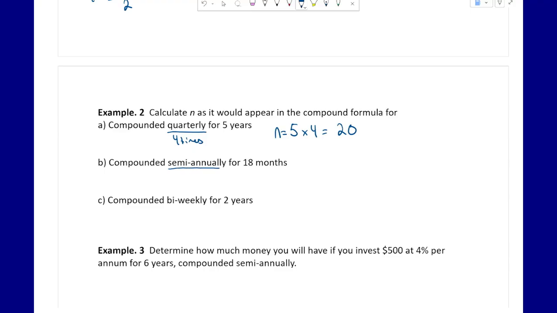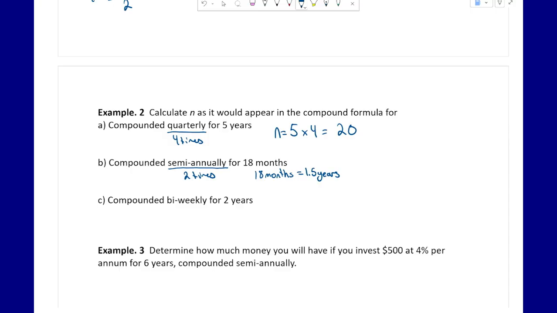For B, semi-annually means 2 times a year for 18 months. In 18 months, we need to convert to years. So similar to our simple interest, 18 months, we can divide that by 12, or we would get 1.5 years.